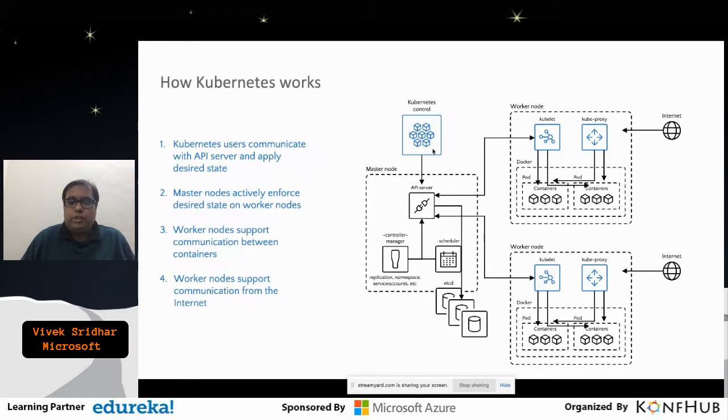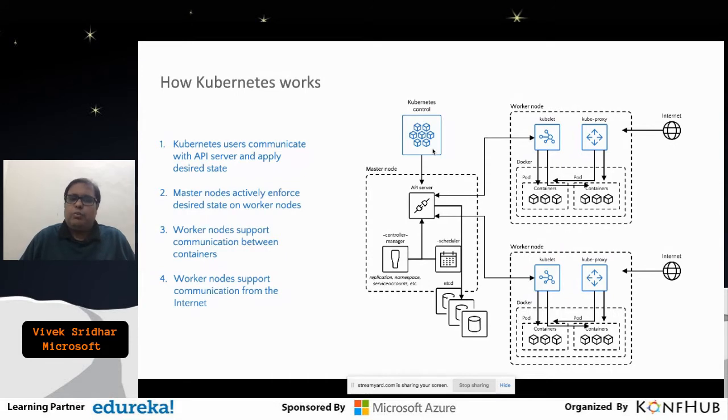It's basically storing all the information about the cluster. It has the complete information about the cluster: where these containers are running, how many worker nodes there are, what is the state of these worker nodes, what is the load on these worker nodes. All the information is available at the etcd.